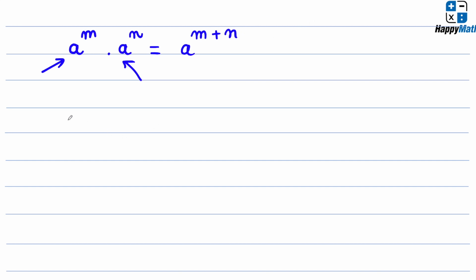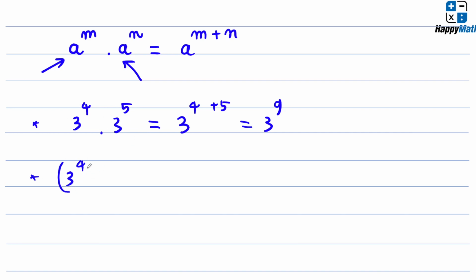That's all. Example: you have 3 to the power of 4 times 3 to the power of 5, and then you get 3 to the power of 9. And this is different from the first formula, the power of a power rule.